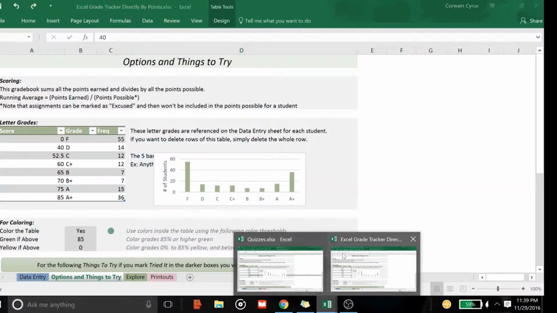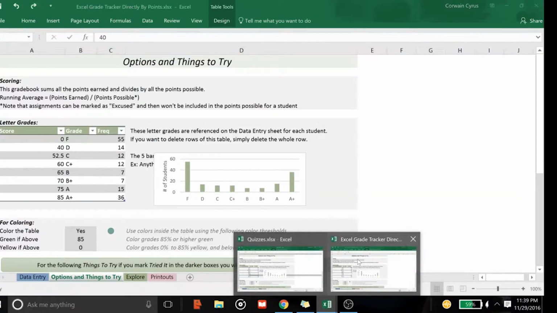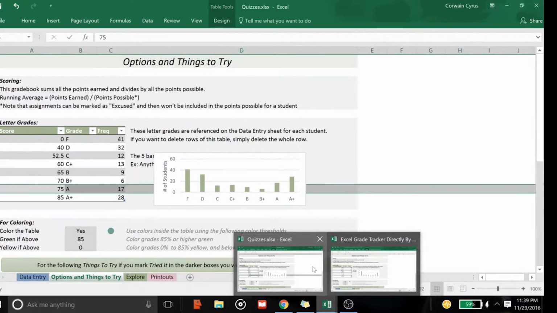As we go from mid semester to quiz, I see we have more A pluses on mid semester. So the A plus dropped off a little bit going to the quiz, and the A's rose a little bit.